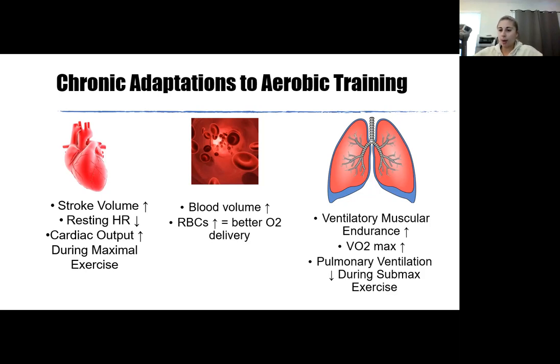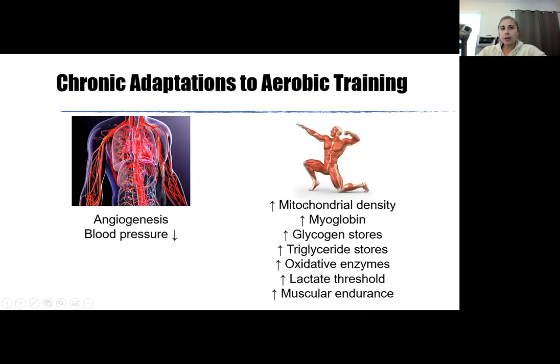Because it's not as hard on my body anymore. I don't need to breathe as fast and deep because I can get more air in per breath as well. Everything's kind of just more efficient. The endurance of my muscles has gone up, so I don't have to breathe as hard to get the oxygen in.